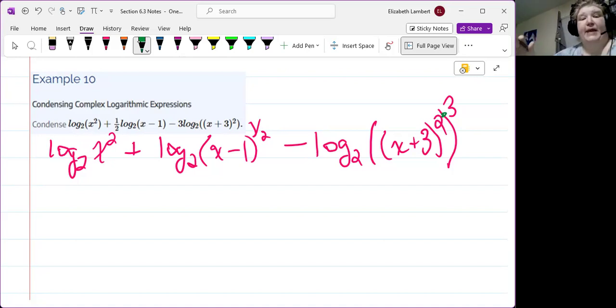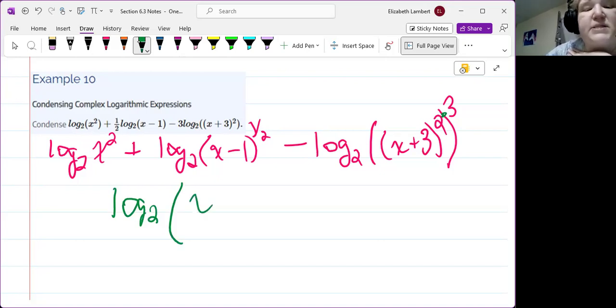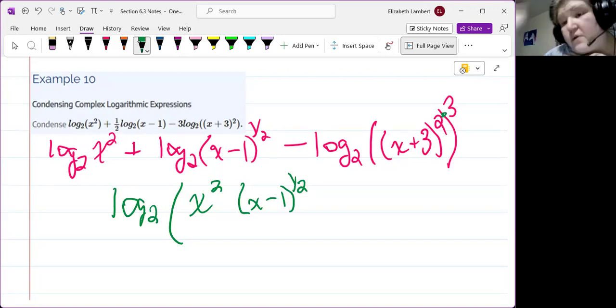All right, now 1 log. Log base 2, big giant fraction. So we have the x squared on top. The x minus 1 to the 1/2, which you could write as the square root of x minus 1, but meh.